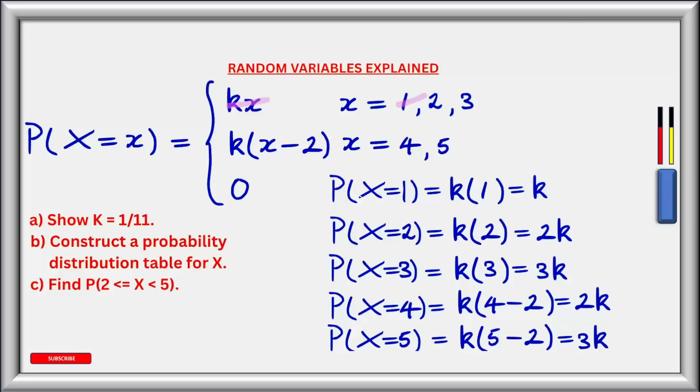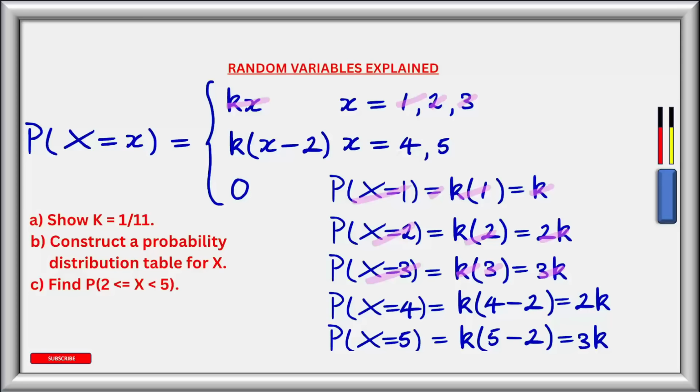So the probability of x equals 1 is equal to k multiplied by 1, and that equals k. And similarly, when x is equal to 2, this is governed by the same function kx. So it's k multiplied by 2, which is 2k. And the same for x equals 3. The probability of x equals 3 is k multiplied by 3, and that gives us 3k.